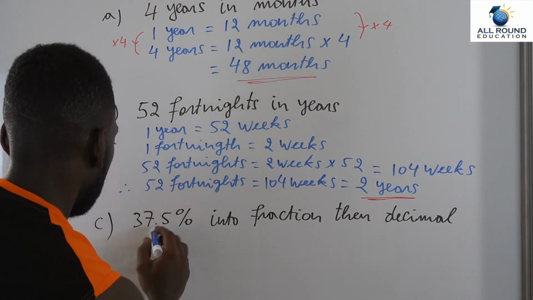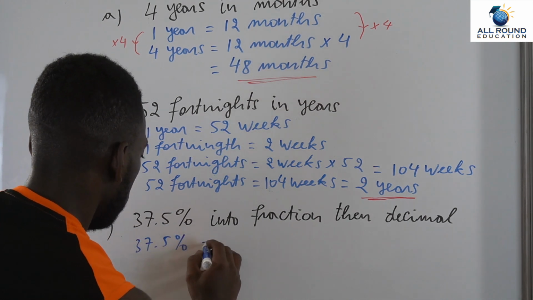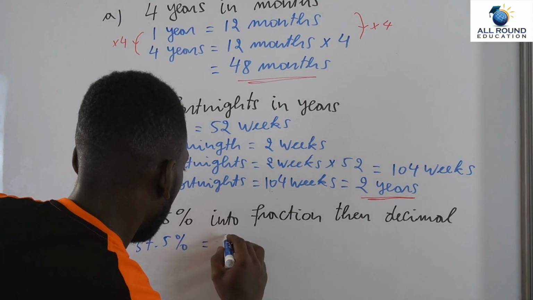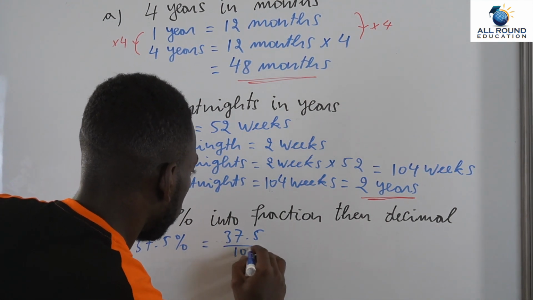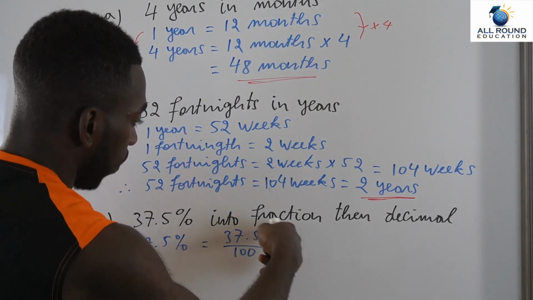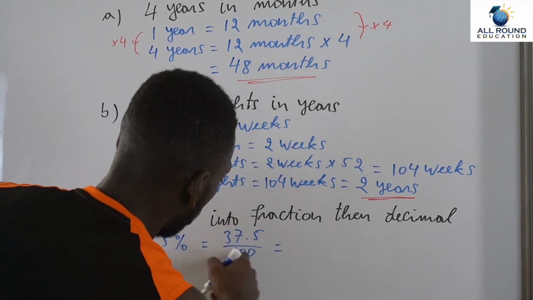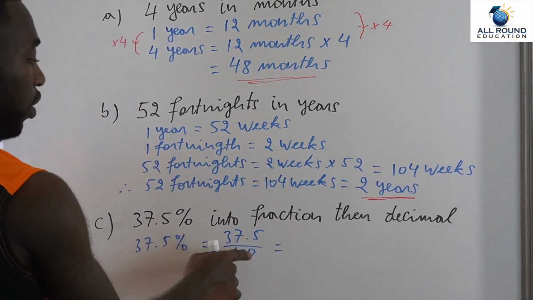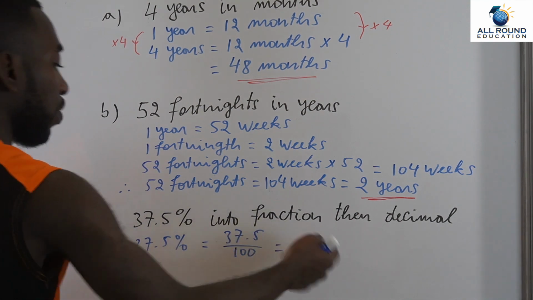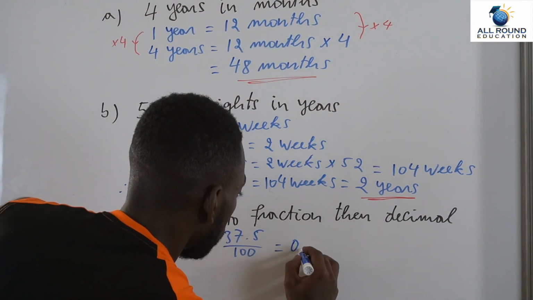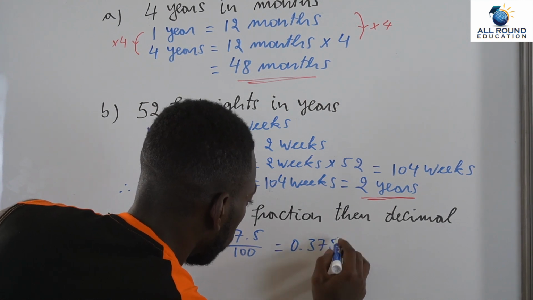So 37.5% is actually equal to 37.5 over 100, and we are converting into a fraction. And then the last bit, to convert this into a decimal, we divide by 100. When we divide by 100, we move the decimal point forward twice because we have 2 zeros, right? So this becomes 0.375.